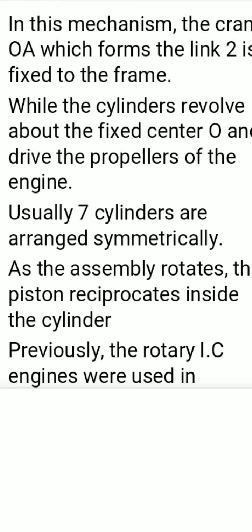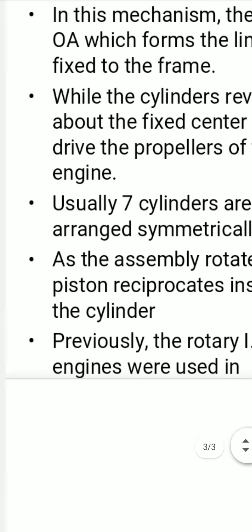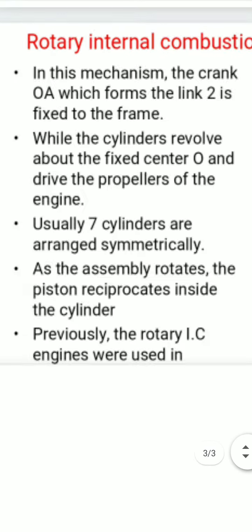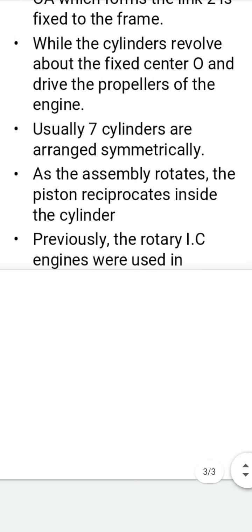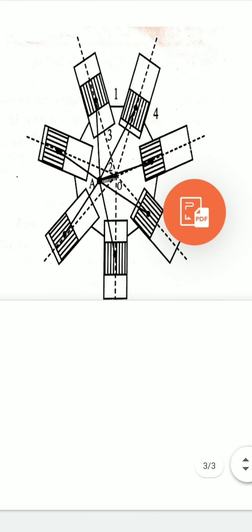As the assembly itself rotates, the piston reciprocates inside the cylinder. This mechanism is generally used in IC engines, and nowadays it is used in gas turbines.